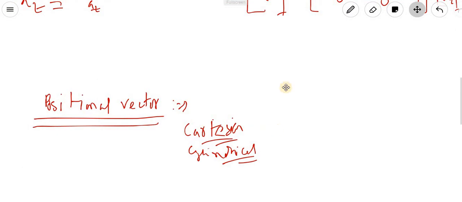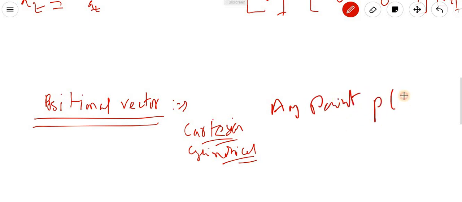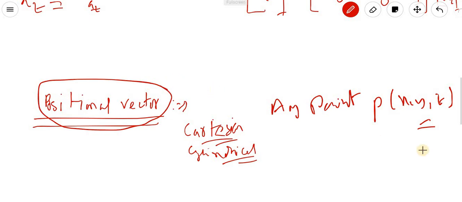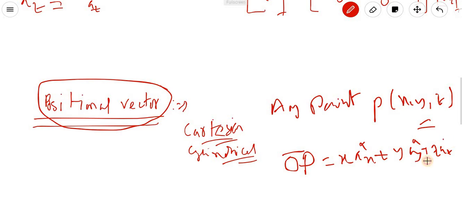The position vector from the origin to this point is represented as x ax plus y ay plus z az.